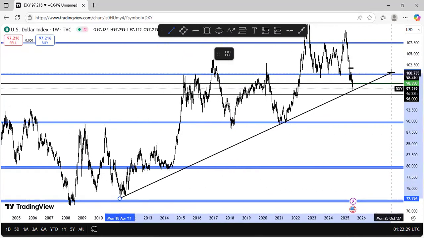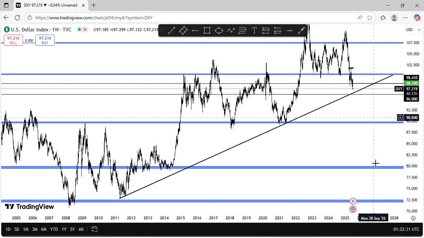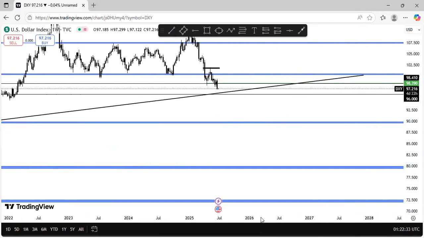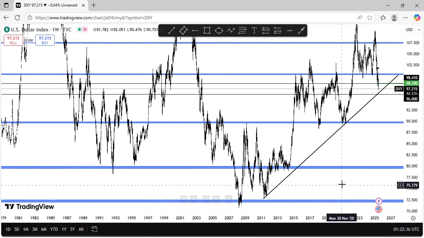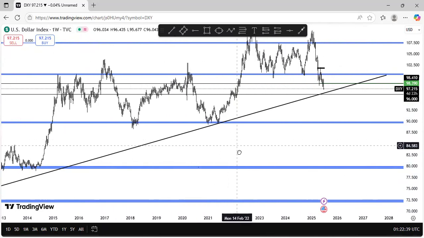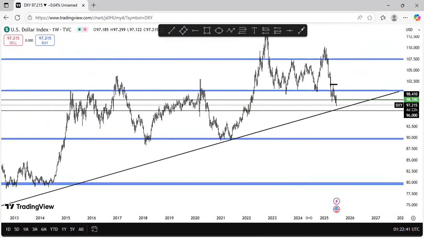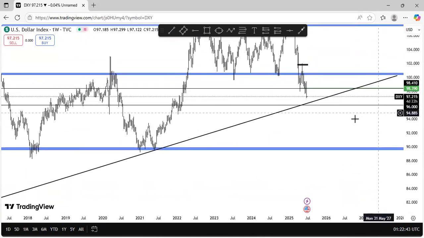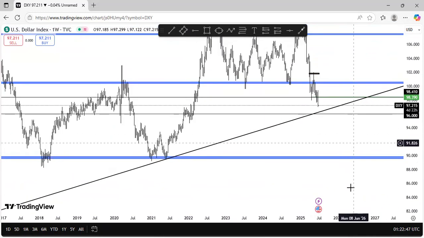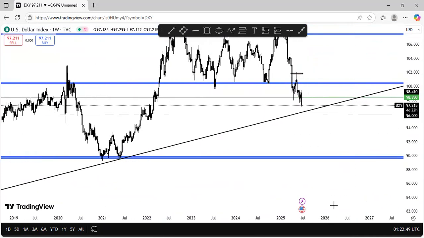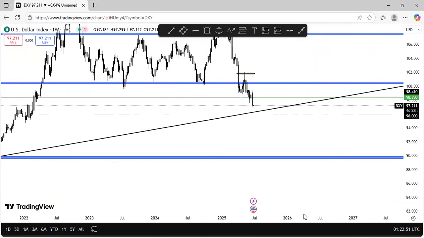This trend line takes us all the way back to 2011. This trend line could be a reason for the XY not getting to 92 flat or 90 flat. This trend line is active, it's a strong one. It dates far back to 2011.